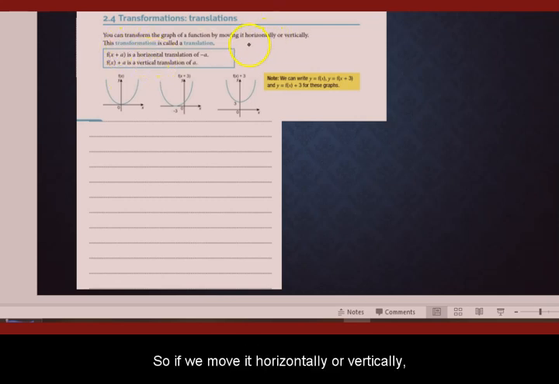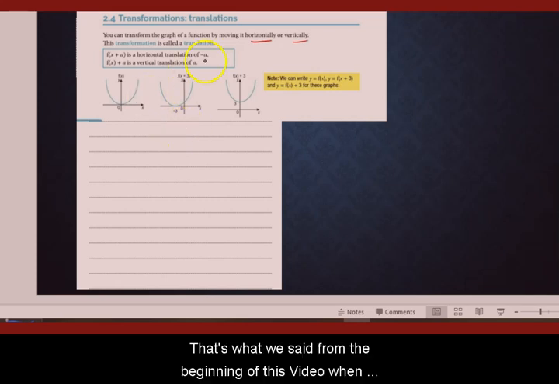If we move it horizontally or vertically, that is called translation. f(x + a) will be a horizontal translation of a. That's what we said from the beginning of this video when I introduced the topic functions and translation.